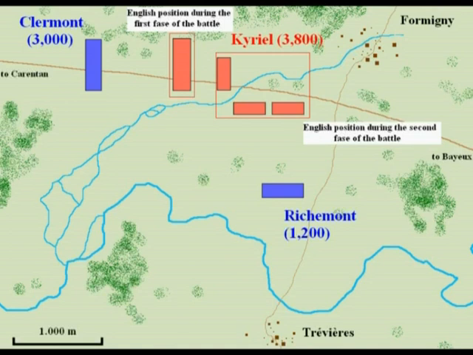There is, however, seemingly some surprise for the English at the arrival of Clermont, because Kyriel had already taken position around Formigny, and Gough instead had yet to arrive.